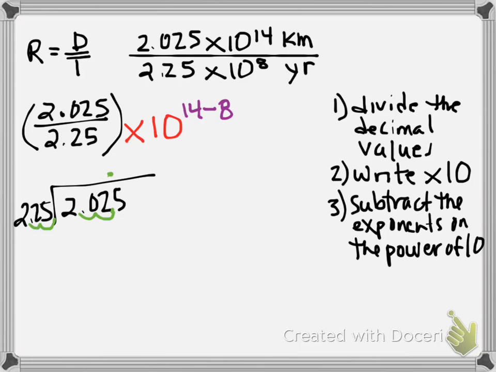Okay? So now I got to figure out where I can start my division. So 225 can't go into 202, but it can go into 2025. So let's see, how many times would that be? Let's see, if we did 4 times of 225, I think that's going to give us 900. Is that right? Yeah.